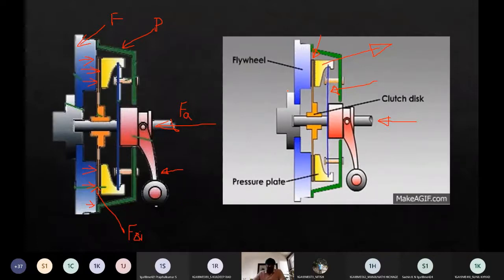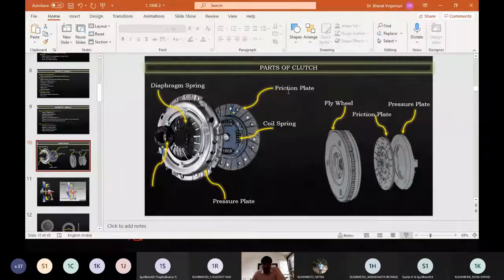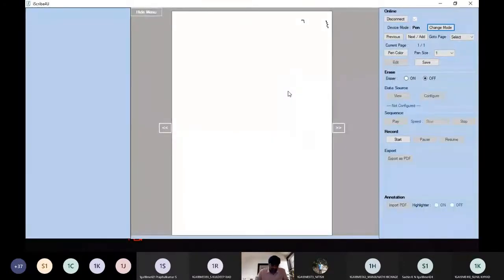Once again, try to see the screen, the main parts which I am talking about. The friction lining, or we call it the friction plate.